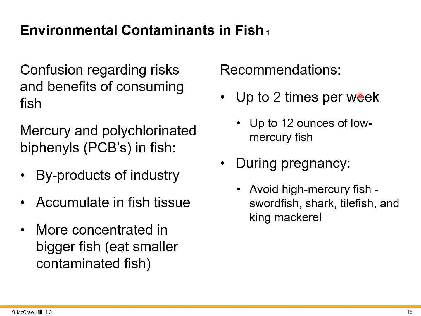What are the recommendations? We still want you to consume fish because it is really healthy for you in a variety of different ways. Up to 2 times per week, depending if you are consuming a larger fish or smaller fish, up to 12 ounces of a low mercury fish, especially if you are compromised, like during pregnancy. You want to avoid some of those really large species of fish, such as these that are listed here, like mackerel, king mackerel specifically.